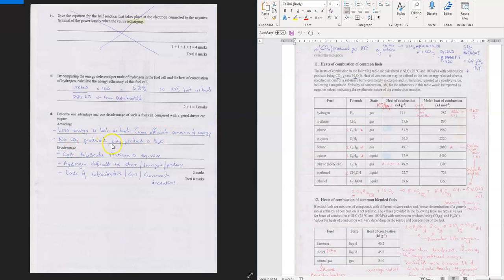And also, because this is hydrogen and oxygen making water, rather than a combustion engine, petrol driven, you don't make any carbon dioxide. So if we were to use renewable energy to split water and make hydrogen, and then use hydrogen in a fuel cell to produce electricity again, then you've cut out the fossil fuels.